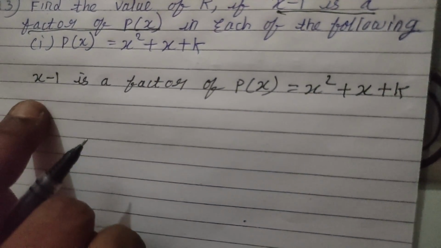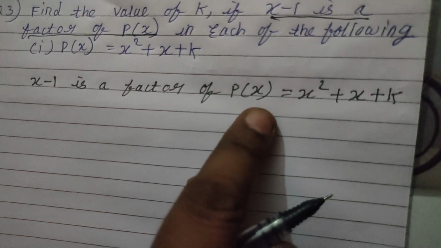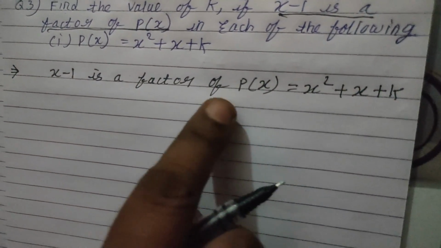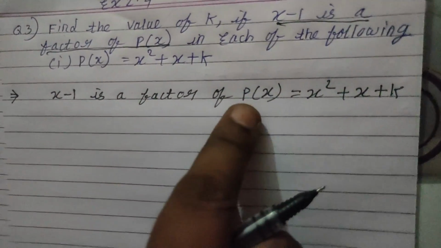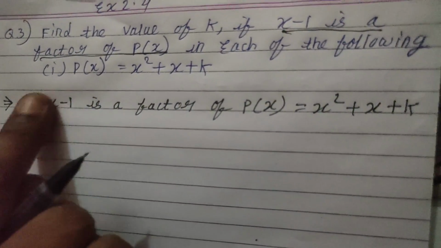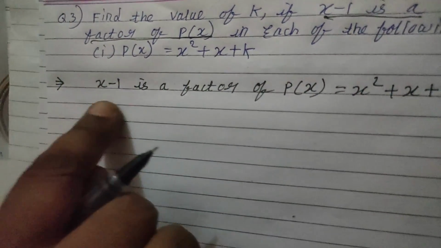So by factor theorem, we know that if x minus 1 is a factor of any polynomial p of x, then p of a will be equal to 0. From this we will first find the value of x. Value of x will be 1.